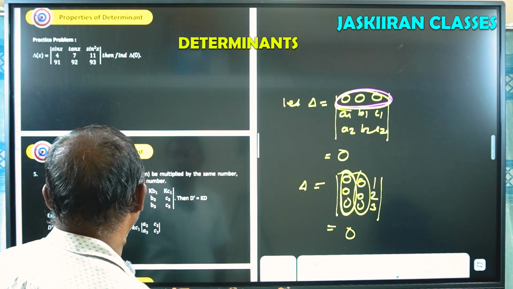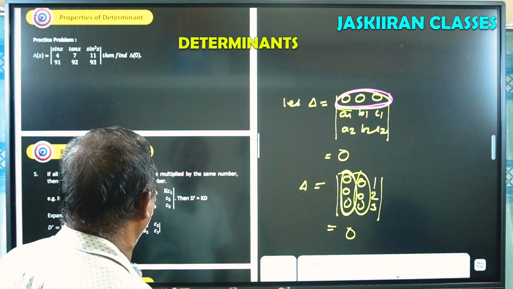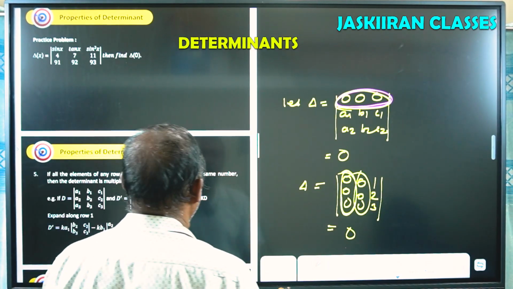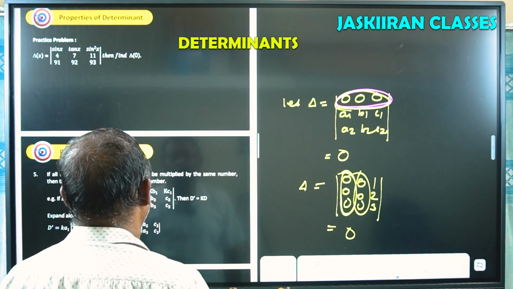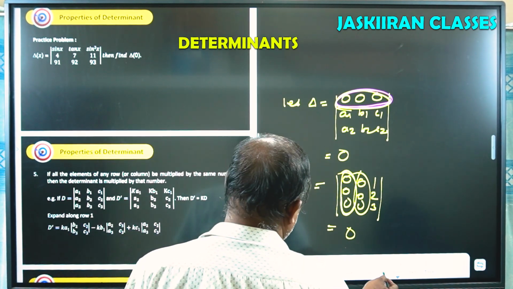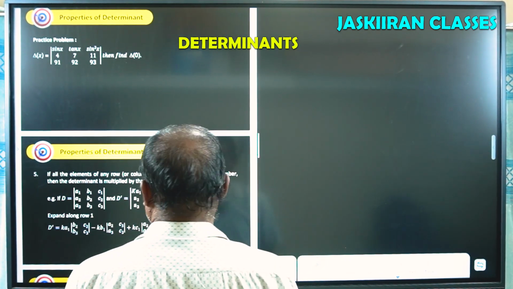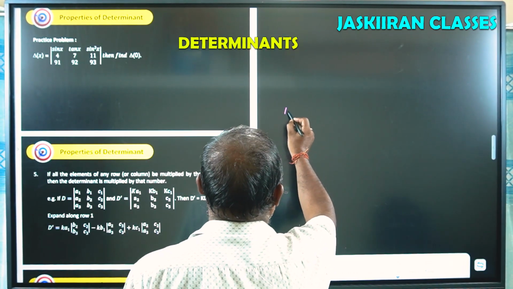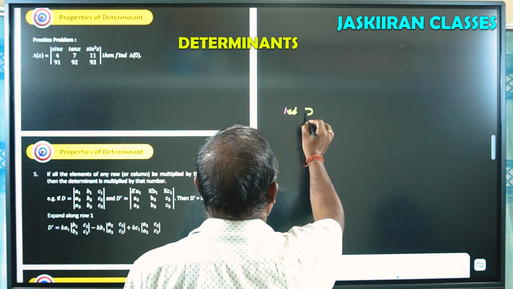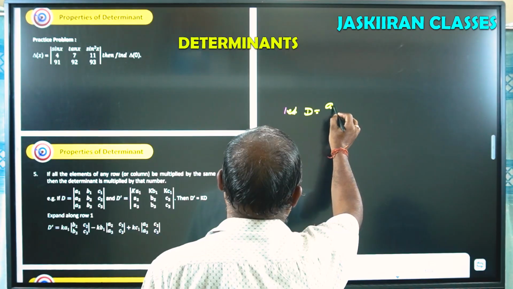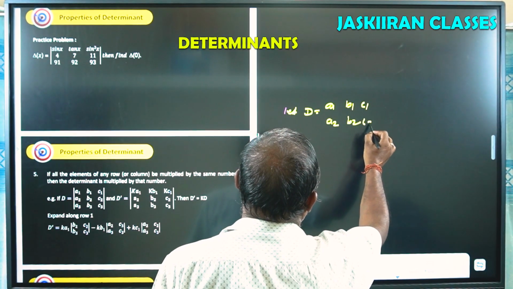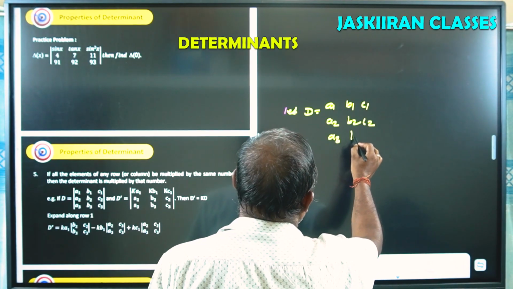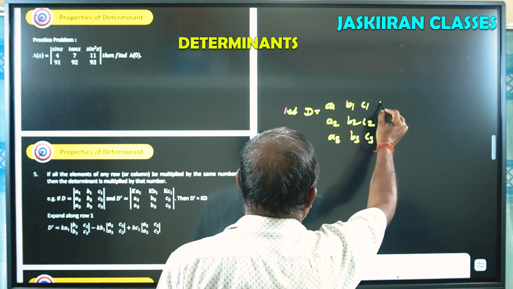Then the next property: if all the elements of any row or column are multiplied by the same number, then the determinant is multiplied by that number. So let D equal A1 B1 C1, A2 B2 C2, A3 B3 C3.